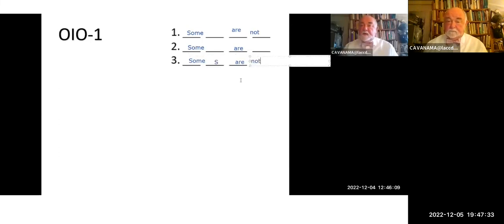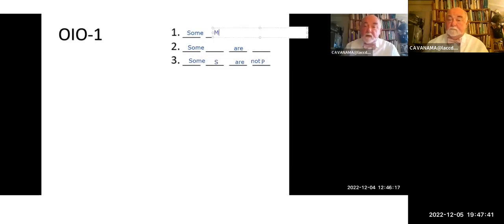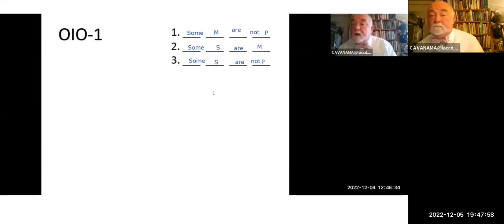Okay, good. All right, and our figure is 1, so the M letter goes up here and here, figure 1. Then of course our P here and here. So OIO1: some M are not P, some S are M, and some S are not P.